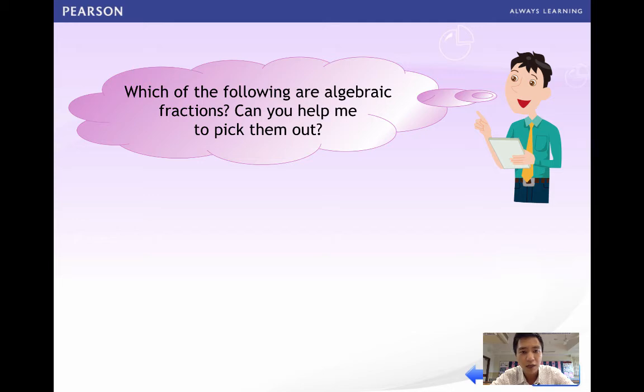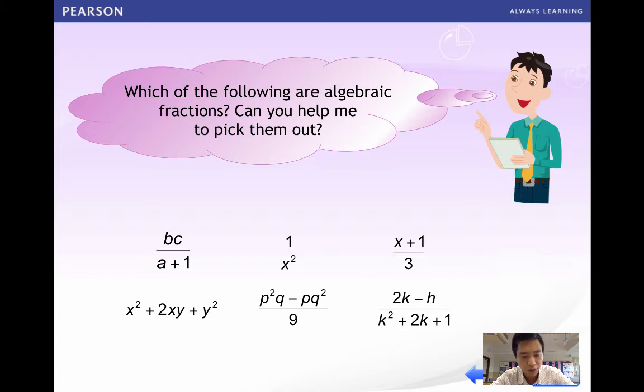Now look at these expressions. Which of them are algebraic fractions? bc over a plus 1, that is an algebraic fraction. 1 over x squared, look at the denominator, it is also an algebraic fraction. x plus 1 over 3, no, because the denominator is a constant number. x squared plus 2xy plus y squared, no, it is not a fraction at all.